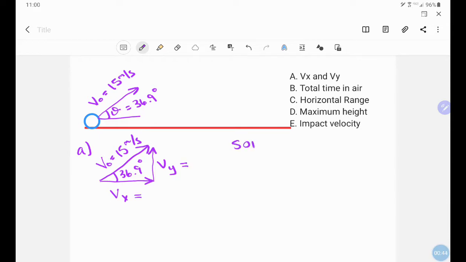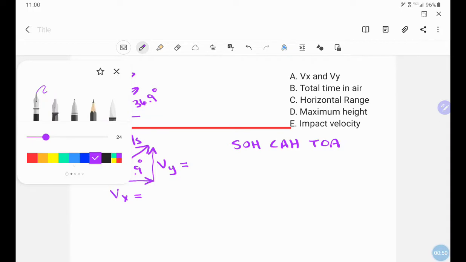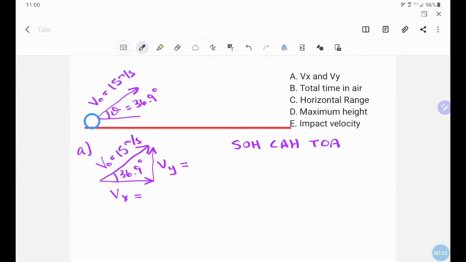Recalling SOHCAHTOA, for Vx, you will notice that we are using the adjacent and hypotenuse, so that's going to be cosine. So that's going to be 15 cosine of 36.9 degrees, which is 12 meters per second.